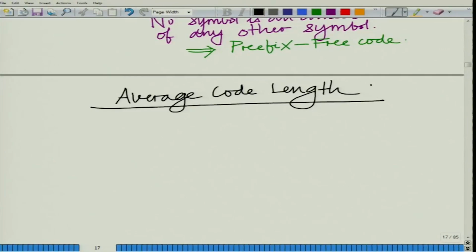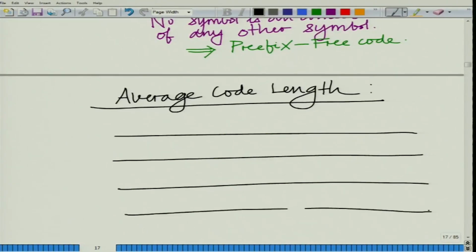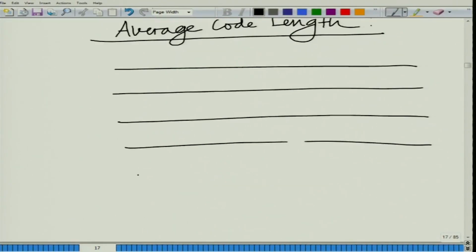So to calculate the average code length, let us start with a table.